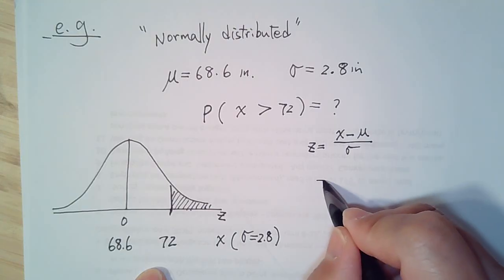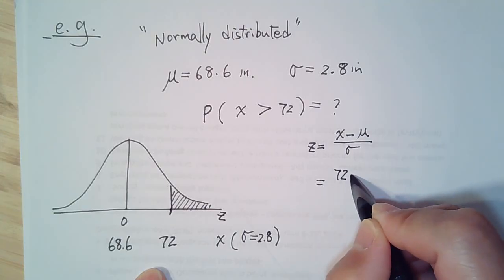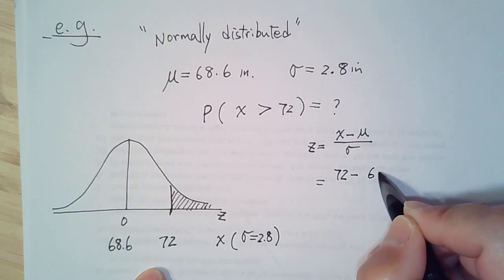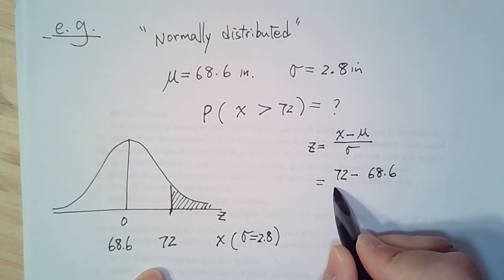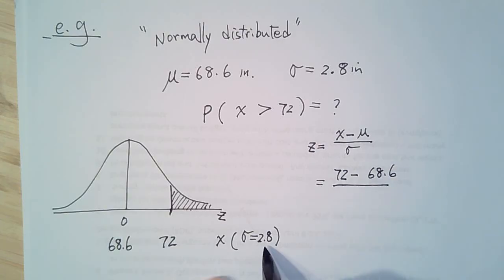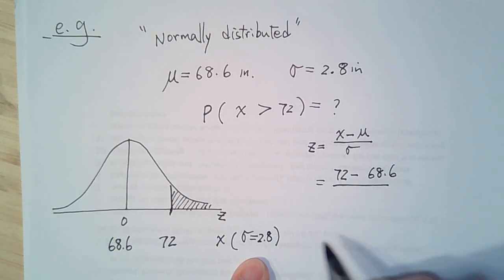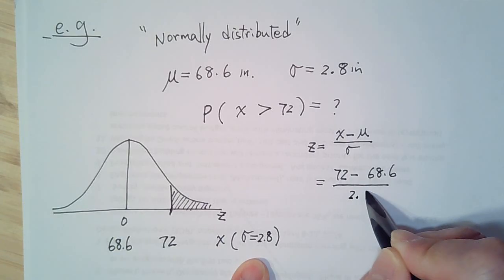So z-score for 72, we're going to use 72 minus the 68.6 divided by standard deviation. Did you see the benefit that I have that right here, so I don't have to go back to look at my question again and again? So I got divided by 2.8.